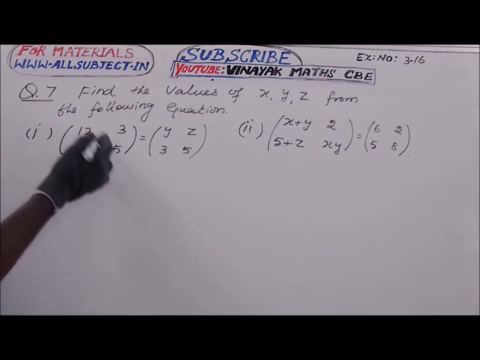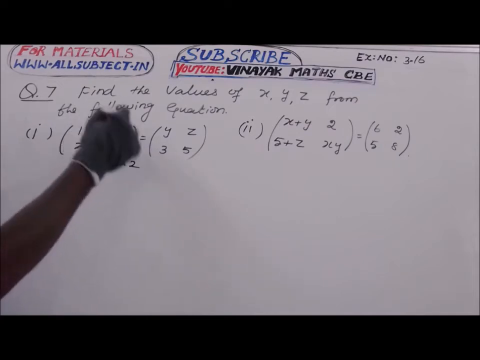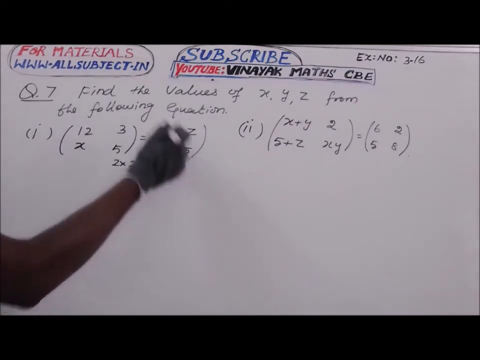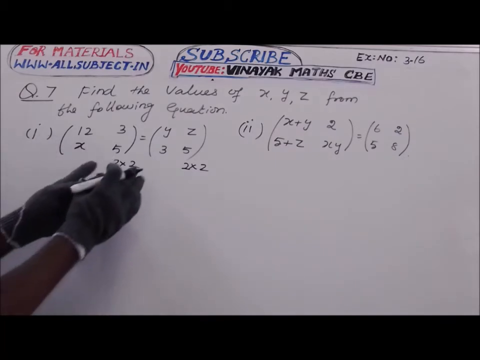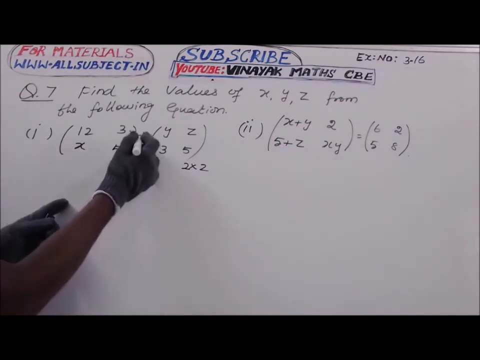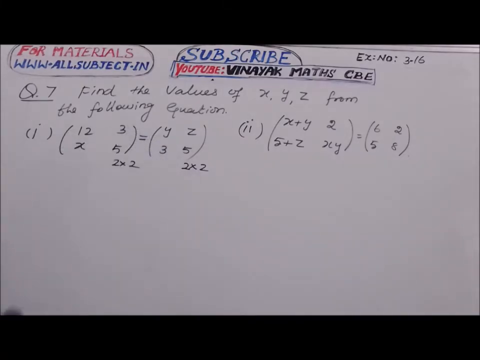Look at the order of the first matrix in the first subdivision: 2 by 2. It has 2 rows and 2 columns. And here also it has 2 rows and 2 columns. So the two matrices have equal order and they are connected by an equal symbol. This means these two matrices are equal matrices. Equal matrices means the matrices should have equal order and the corresponding elements must be equal.